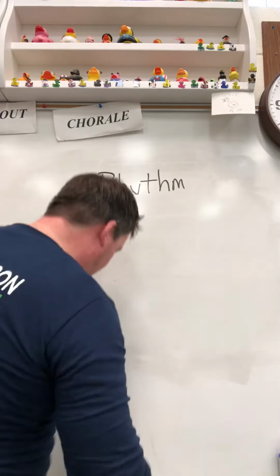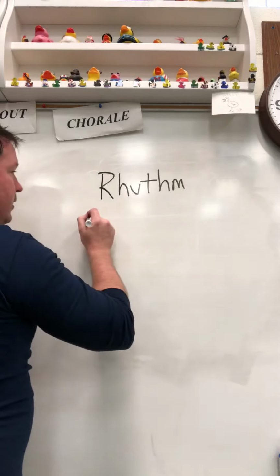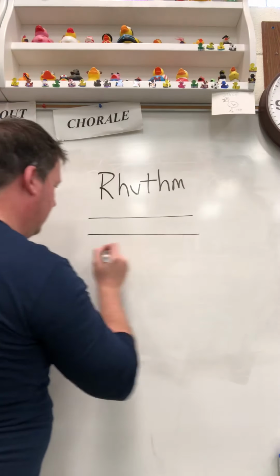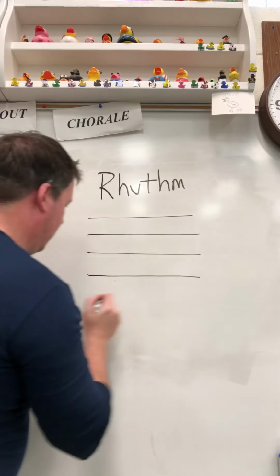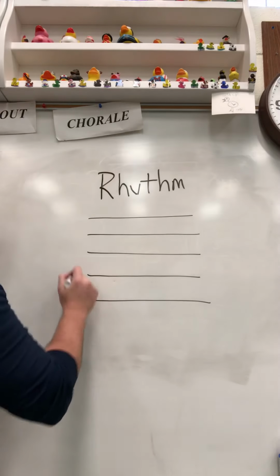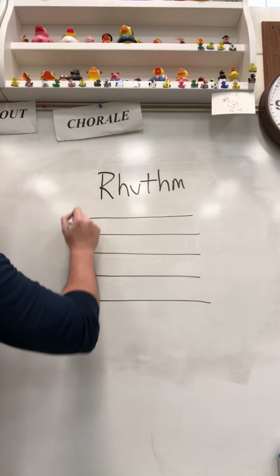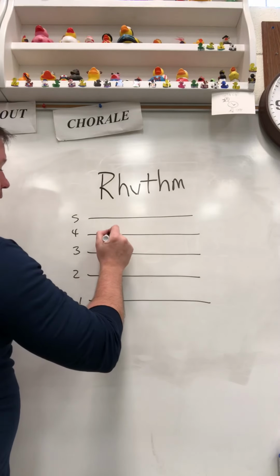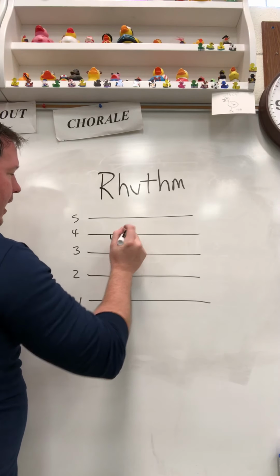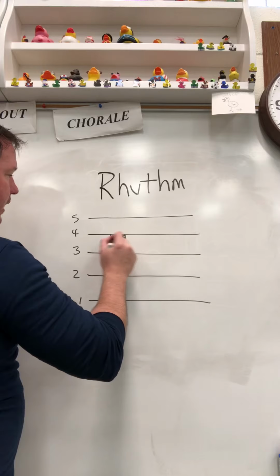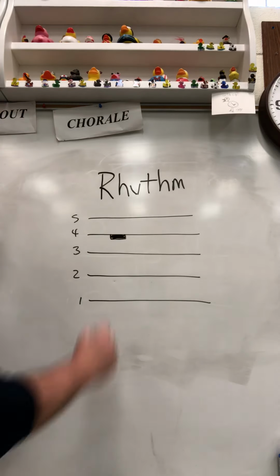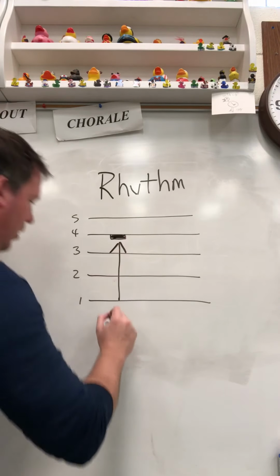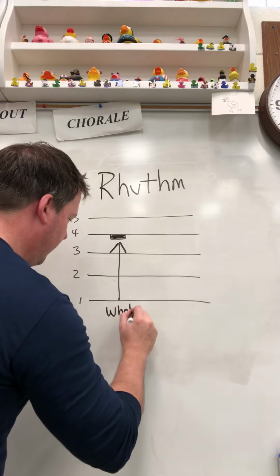Finally, we're going to do rests. And we have our 5 lines again. We're going to come up for a whole rest. We're going to come up to line 4, and we're going to hang it down from line 4 and color it in. So that is our whole rest.